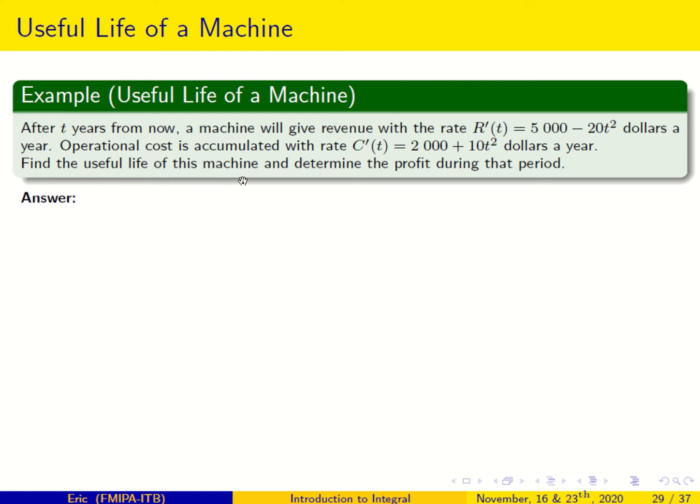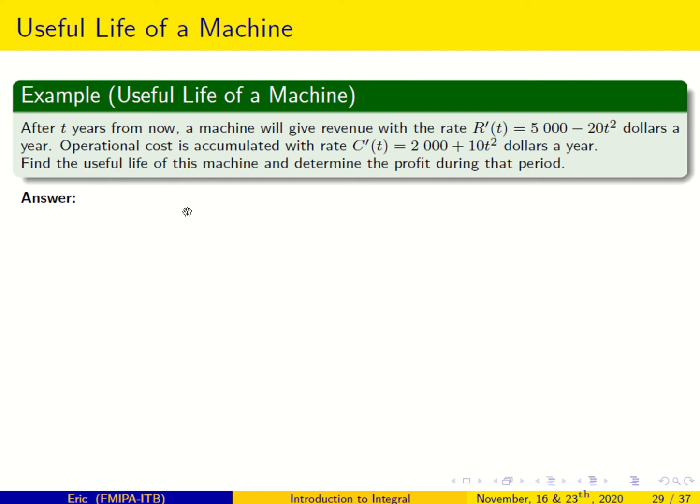So the useful life of the machine is when the rate of profitability of this machine is positive. So when the profit is increasing, it means the machine is useful. When the profit starts decreasing, it means that the machine has to be changed.